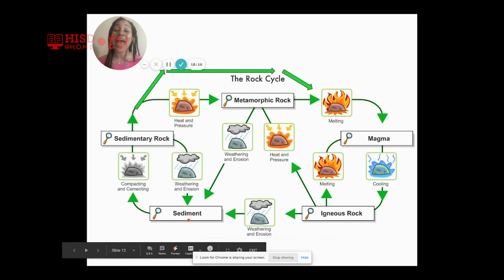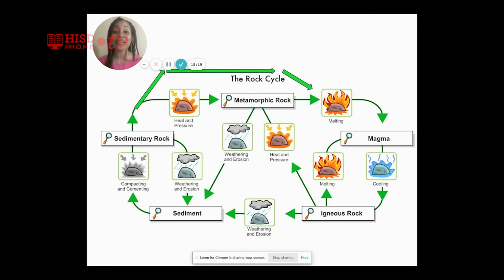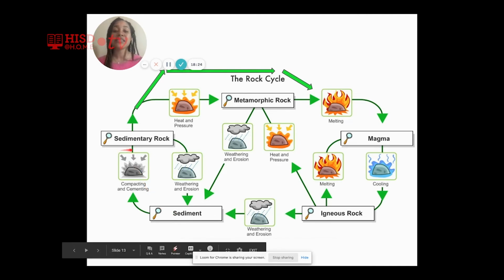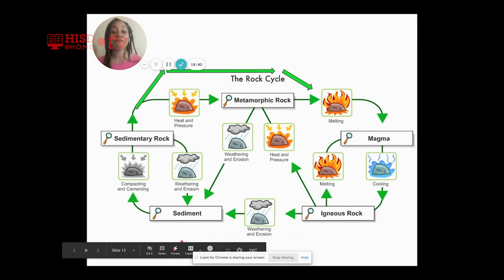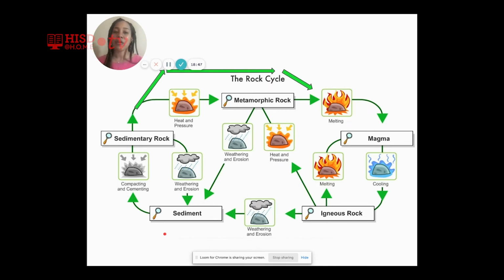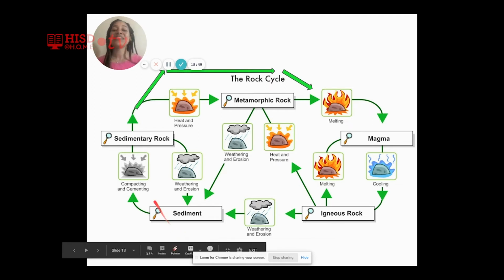And as long as we are able to cement and compact our sediments together, we will get sedimentary rock. Notice that once it becomes sedimentary rock, it can also be broken down, weathered, and carried by erosion and form sediment. So sedimentary rock can form sediments, metamorphic rock can form sediments, and igneous rock can form sediments. But the key to get sedimentary rock, that's a lot of sediments, I understand, is to compact and cement it.